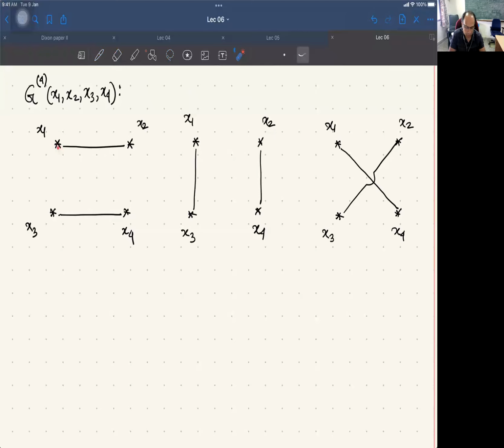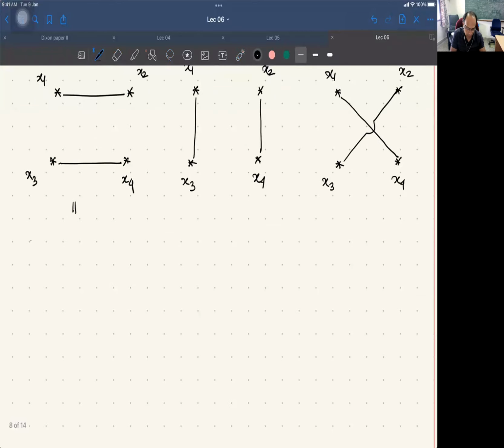If you choose that to be 1, then you could ask, where should it go? And there are 3 possibilities. These 3 possibilities are 3 different topological sectors. It can go to x2, it can go to x3, or it can go to x4. Correspondingly, the expression according to the Feynman rules will be given by delta(x1 minus x2) delta(x3 minus x4).